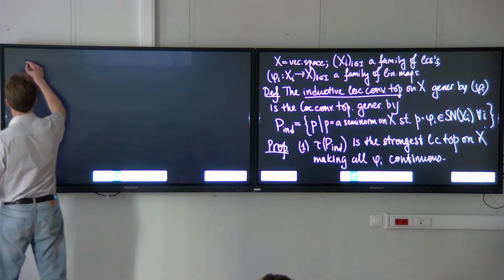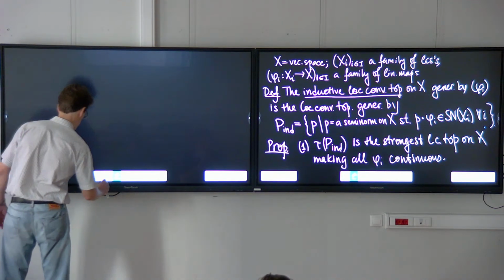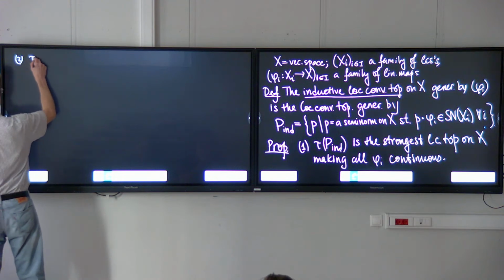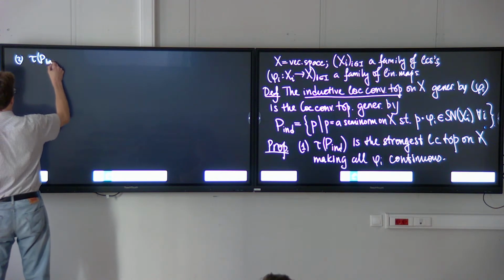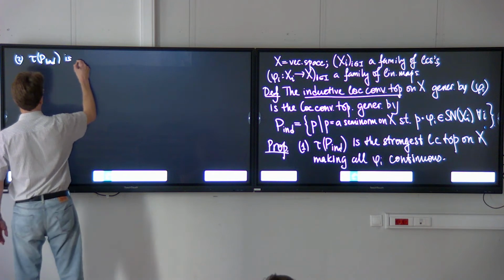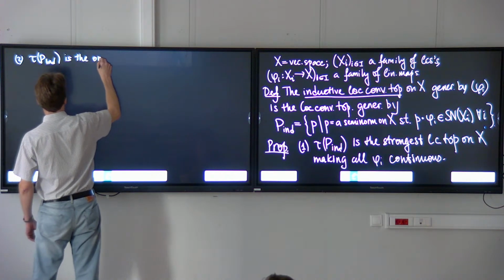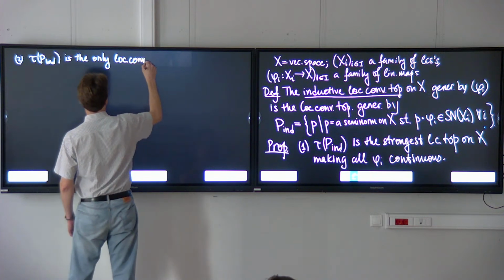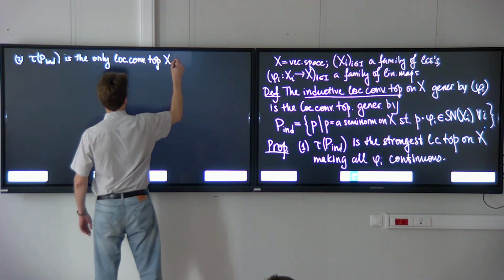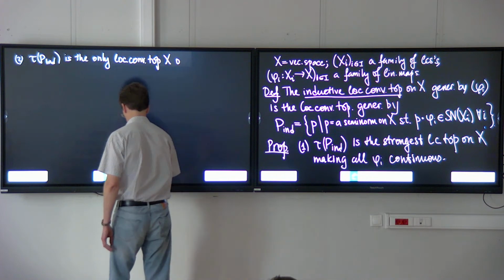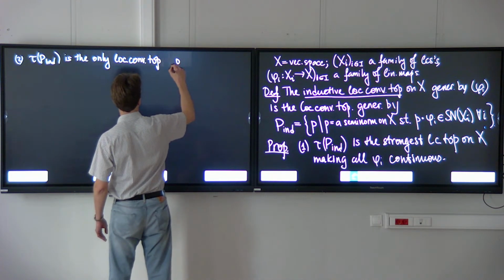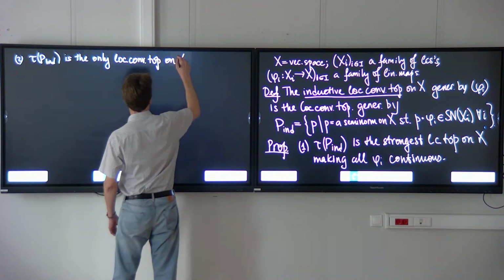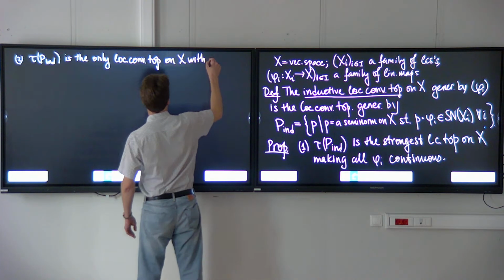Property 2 is more or less dual to the respective property of the projective locally convex topology. Namely, the inductive locally convex topology is the only locally convex topology on X with the following property.